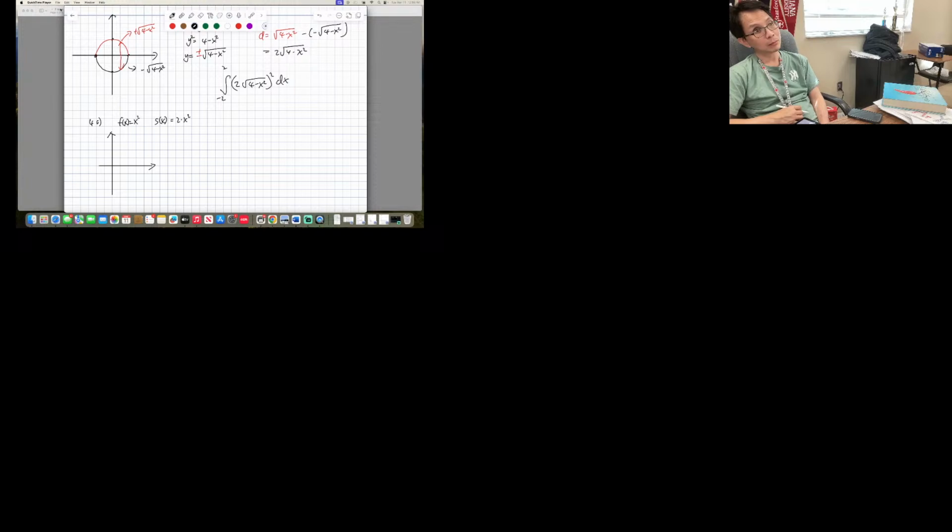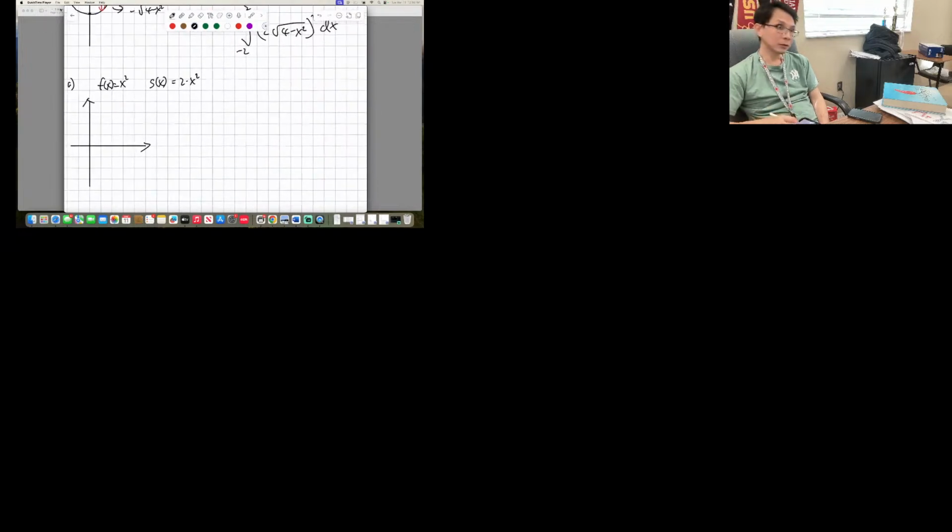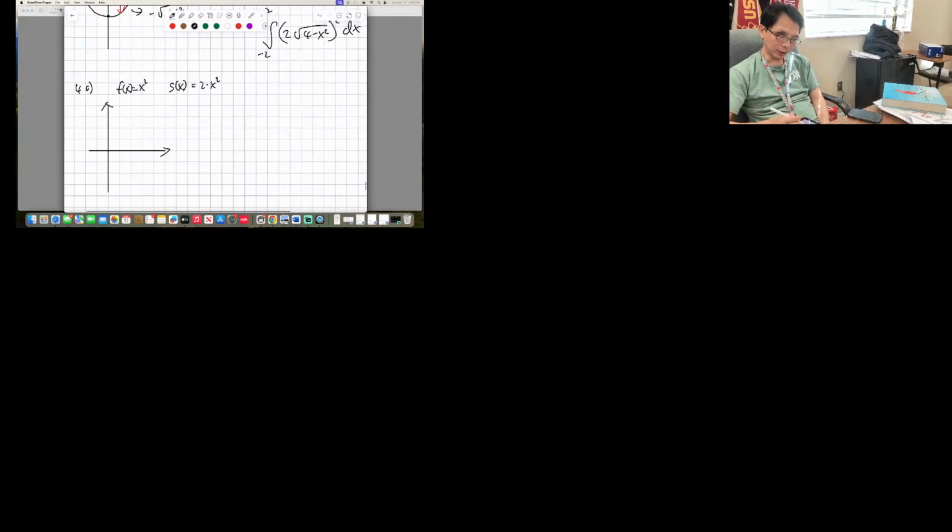Are we doing 4A? You can. x squared is going to look like this, right? And 2 minus x squared is going to be like this. Is it the first quadrant or no?